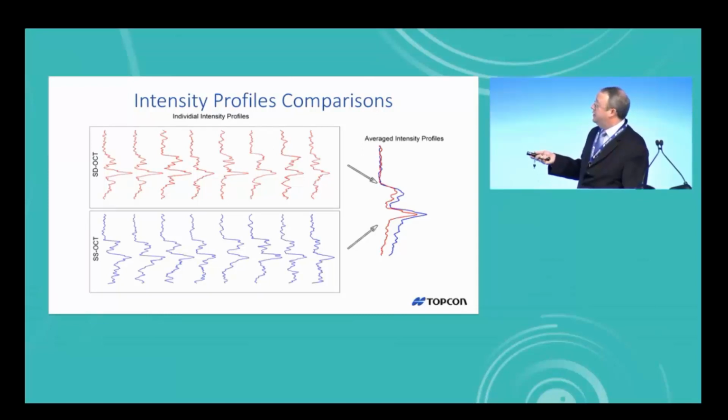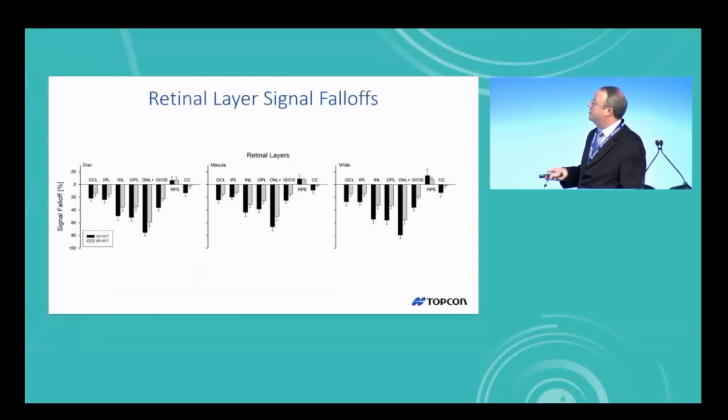And from this, we can see that the background noise is roughly equivalent between the two systems, but in the swept source system, uniformly, we see a higher signal strength as we go through the retina and the choroid. And this is obviously associated with the various other SNR measurements.